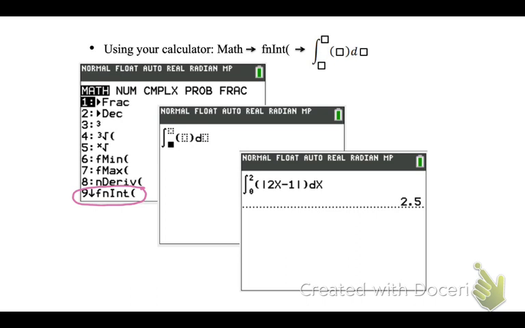Isn't finite the same as definite? Okay, definite integral. Now, yours, Jaden, works exactly like this. You fill in the blanks. Yours, you have to put the lower limit, comma, the upper limit, comma, the function, comma, the variable.